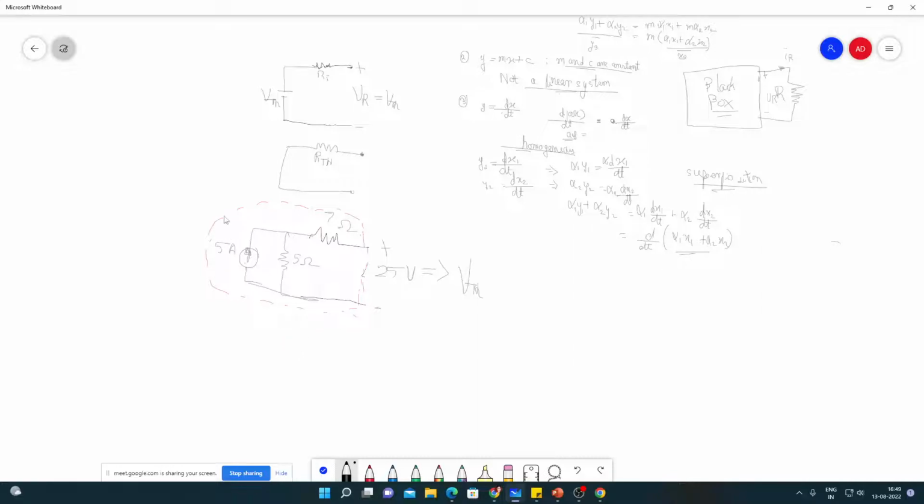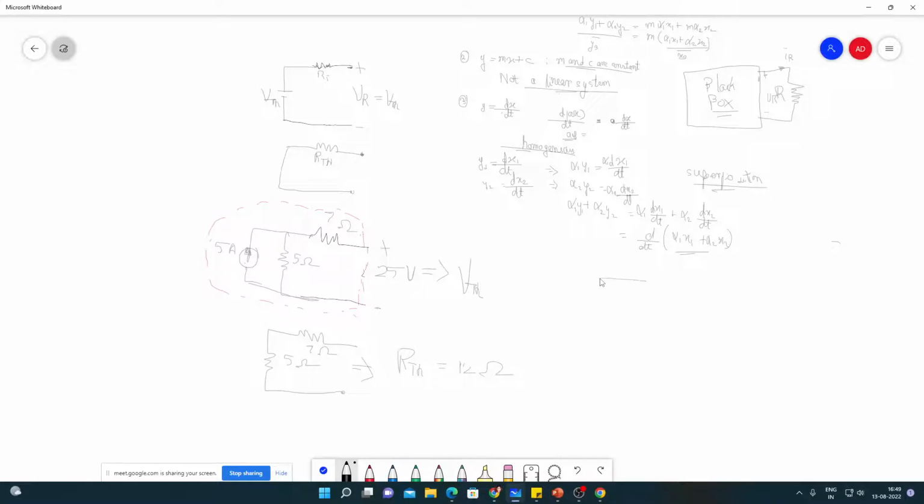And what is my R Thevenin? It's a current source, we need to open it. So the current source is opened. So what is the equivalent resistance? It's 5 ohm and it's 7 ohm. So we get R Thevenin to be 12 ohms.